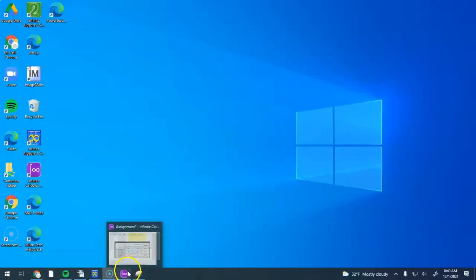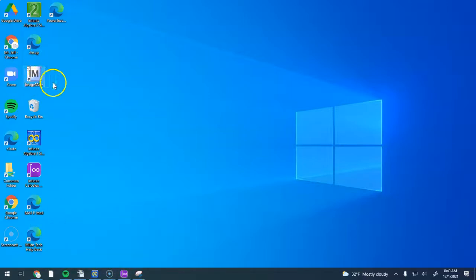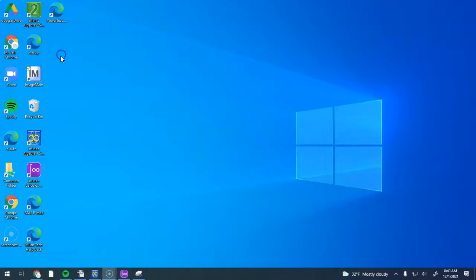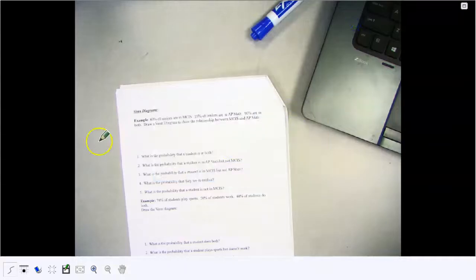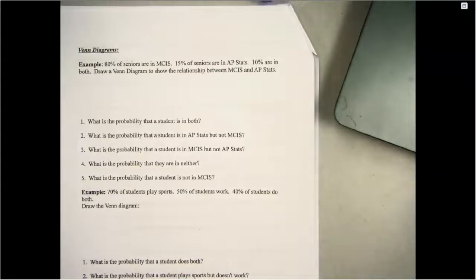If they're over there, it says probability at the top, on the table behind Sam. I can get it for you in a second if you want. You got it? So this page here that says Venn diagrams on it, I want you to do that page.